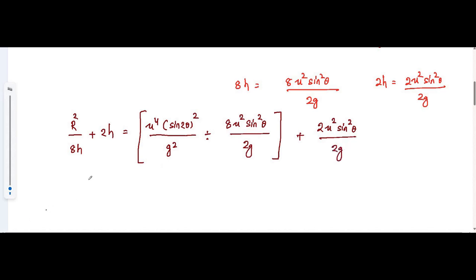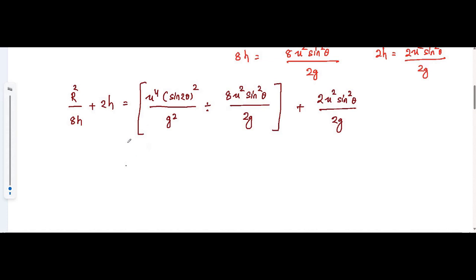Okay, so here if we simplify this, u to the power 4 sine 2 theta can be expressed as 2 sine theta into cos theta whole square by g square into, denominator becomes numerator, numerator becomes denominator, 2g by 8 u square sine square theta.